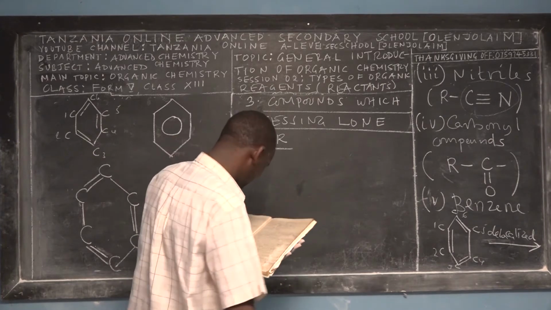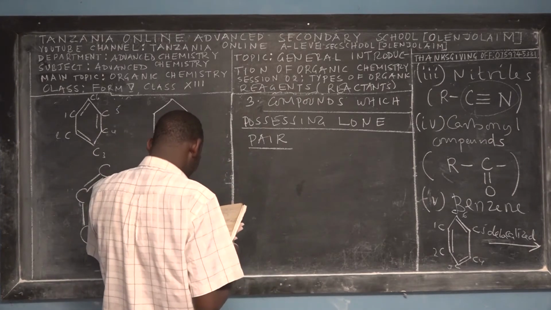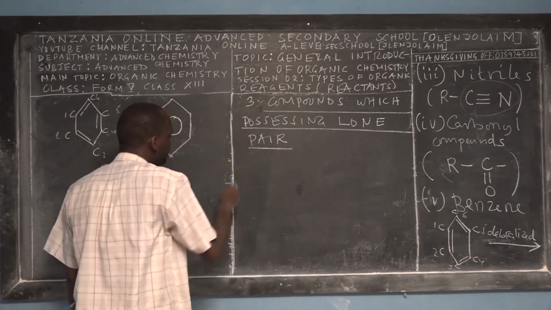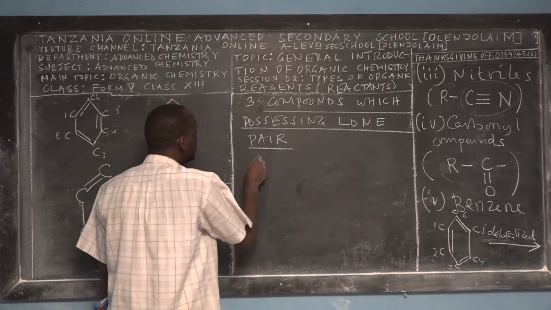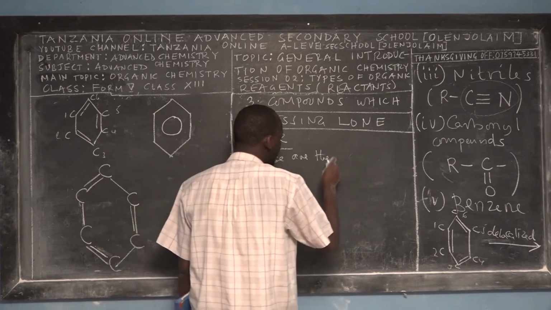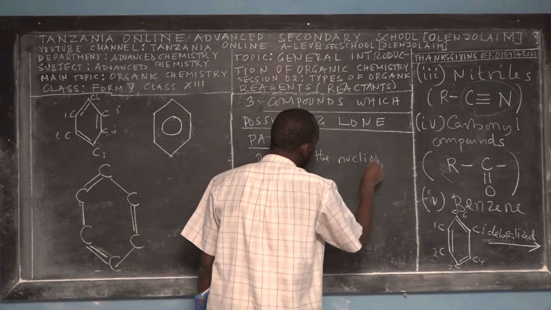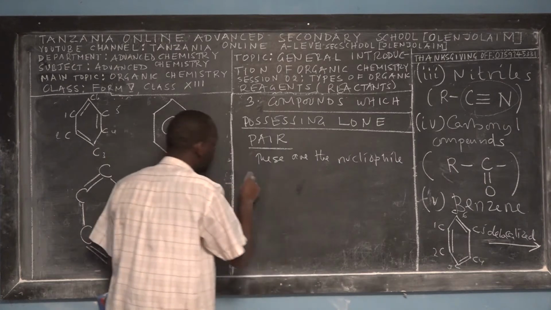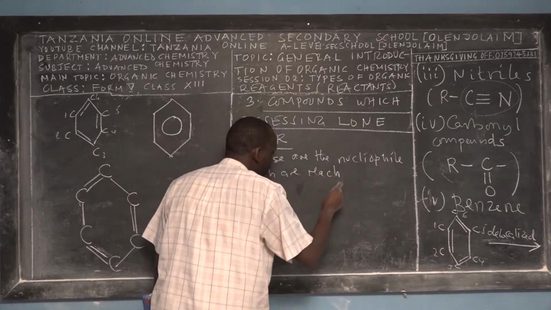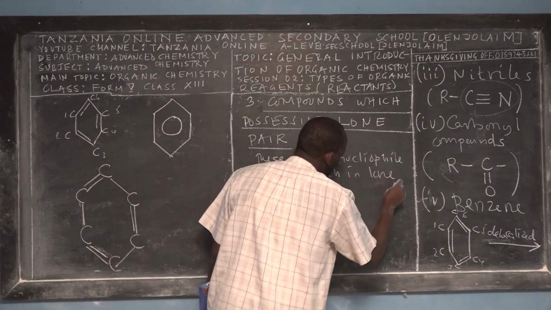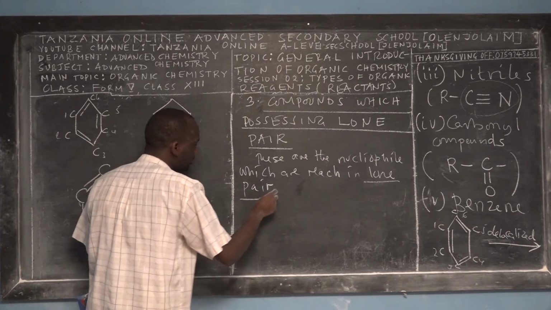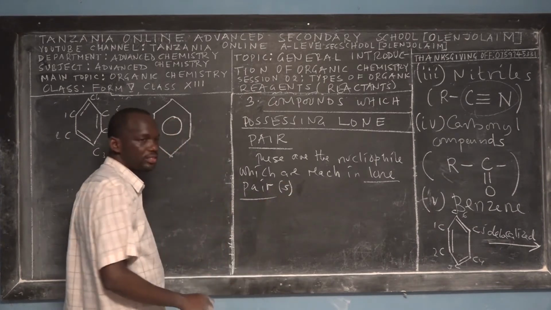I'm not teaching about lone pair. Okay. So these are the nucleophiles. Nucleophiles which are rich in what? In lone pair. Not 1 electron. They are rich in lone pair. 1, or you can find more than 1 pair.